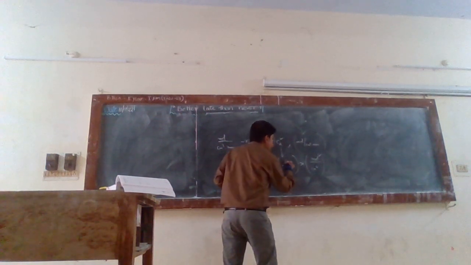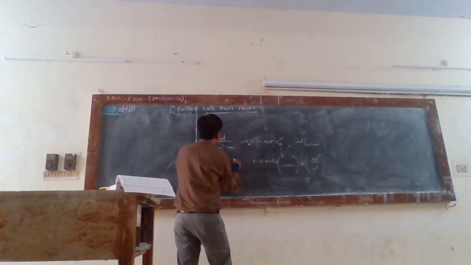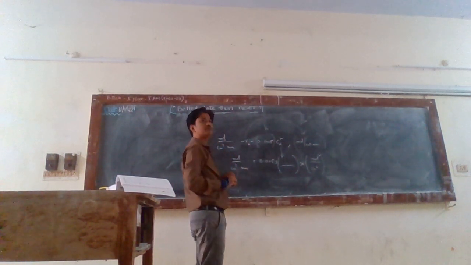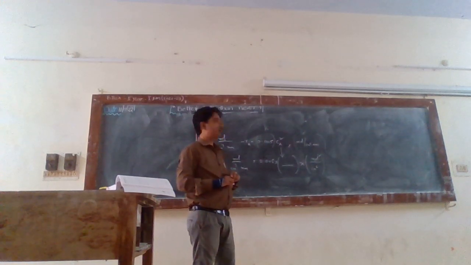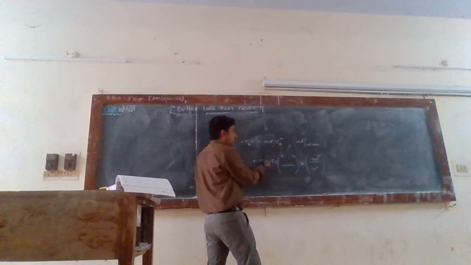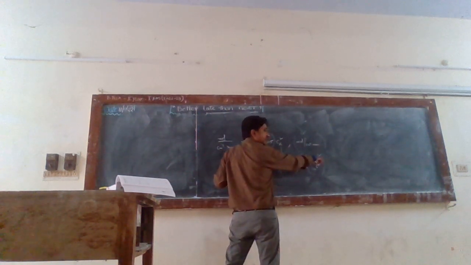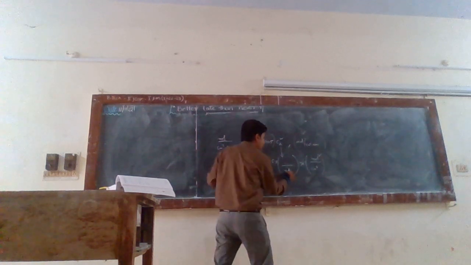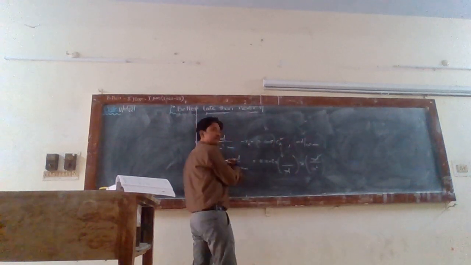Now what I do, multiply here such that I should get mole per centimeter cube minute. See, finally in the numerator mole has to come. Already in the numerator mole square is there, so that 1 mole will be there.